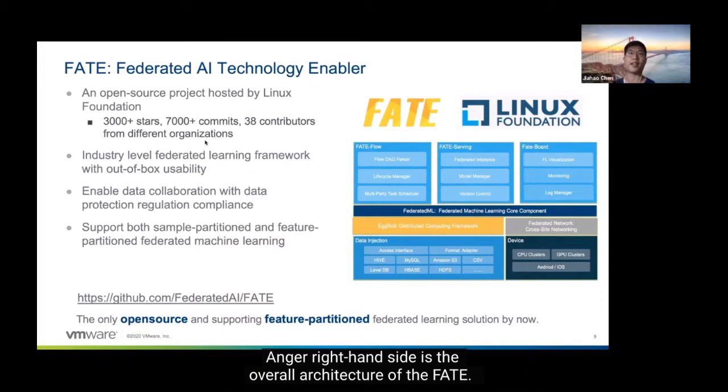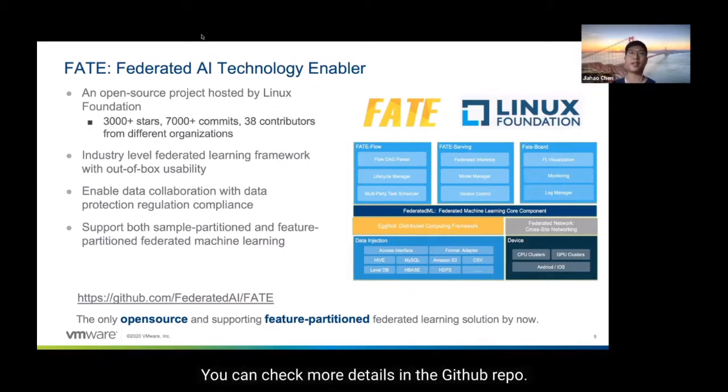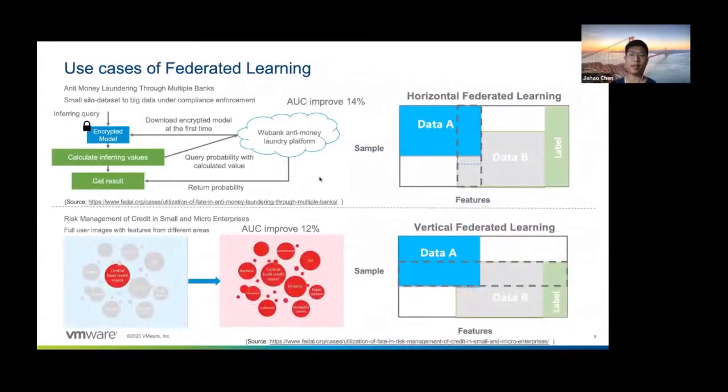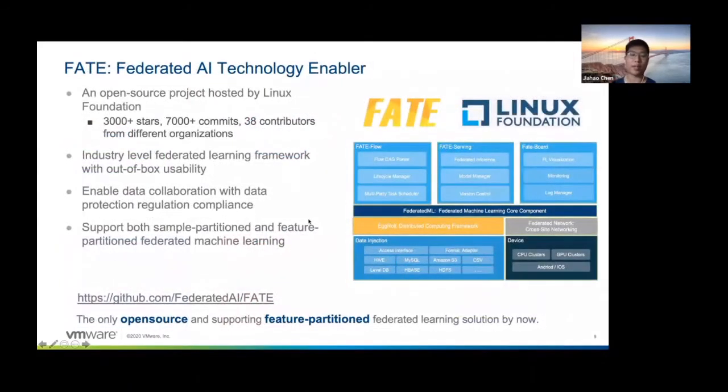On the right-hand side is the overall architecture of FATE. You can check more details in this GitHub repo. And I want to emphasize that the FATE project is the only open source project supporting feature partition, which is the heterogeneous federated learning solution, by now.